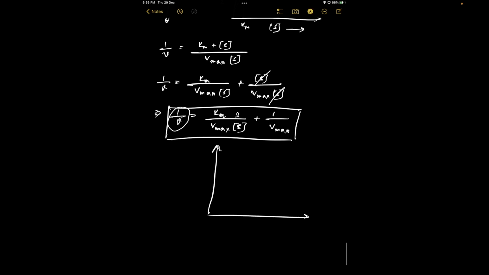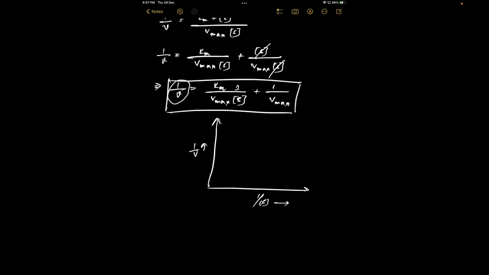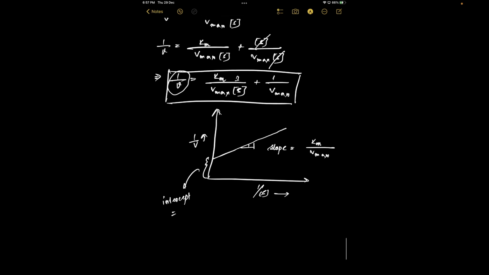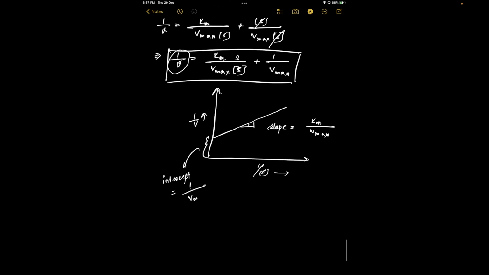This is a Lineweaver-Burk plot, 1 upon V versus 1 upon S. So this will be a y equal to mx plus c type of plot, that means a linear plot with slope equal to Km divided by Vmax, and intercept equal to 1 upon Vmax.